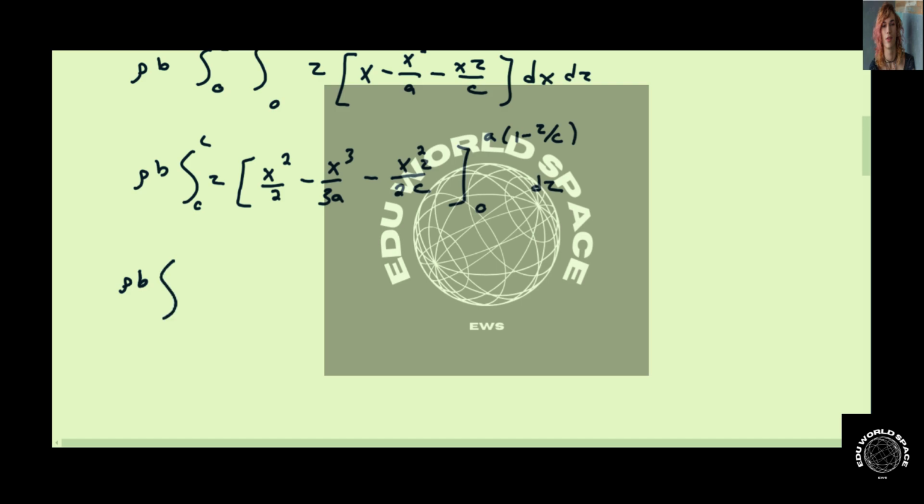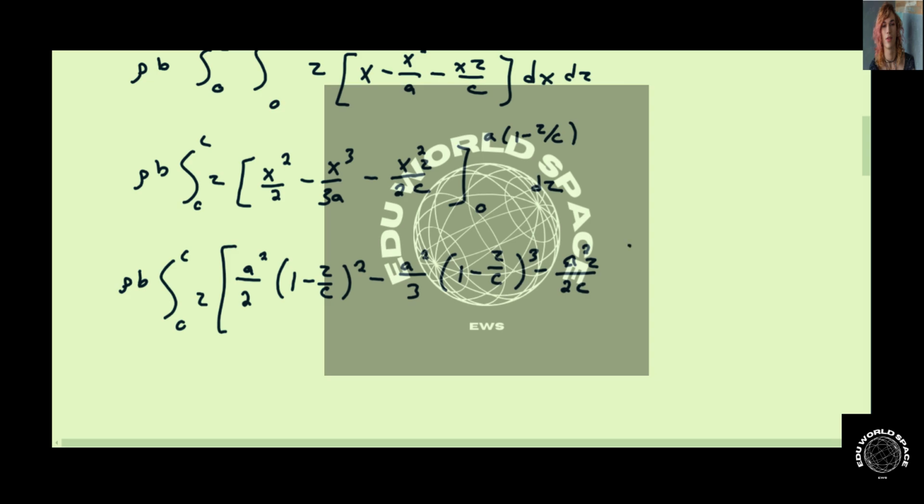So we have the density times b, the integral from 0 to c of z times: a squared over 2 times (1 minus z/c) squared, minus a squared over 3 times (1 minus z/c) cubed, minus a squared z over 2c times (1 minus z/c) squared, dz. Okay, you want to just keep going.